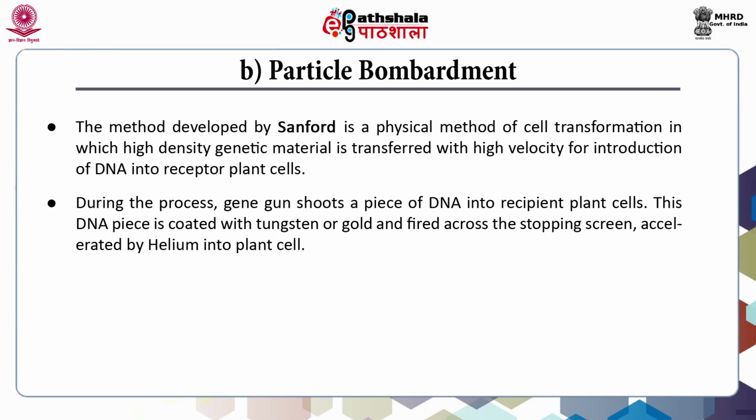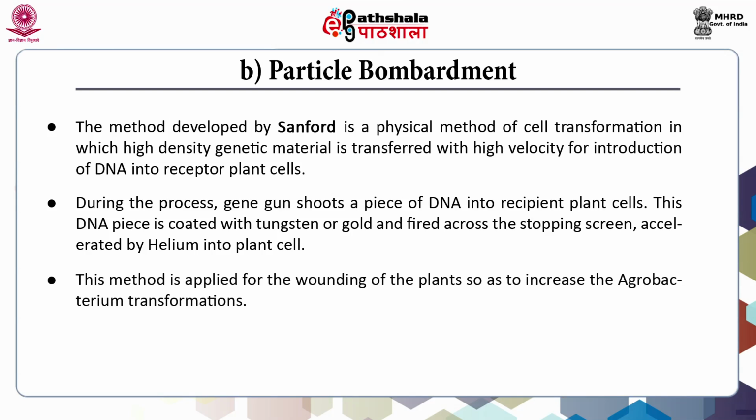The gene gun shoots a piece of DNA into the recipient plant cell. This DNA piece is coated with tungsten or gold and fired across the stopping screen, accelerated by helium, into the plant cell. This method is applied for the wounding of plants so as to increase Agrobacterium transformation.